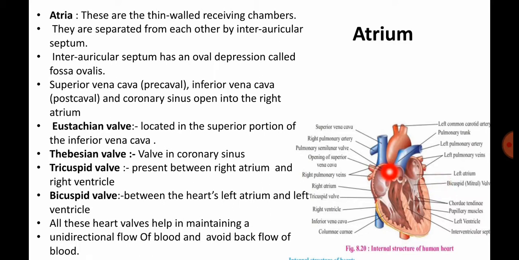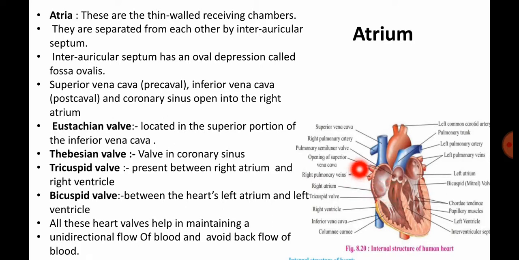So let us see about the auricles. The right auricle receives the deoxygenated blood and the left auricle receives the oxygenated blood. Deoxygenated blood is collected from all the parts of the body and brought by the superior vena cava, inferior vena cava and coronary sinus.